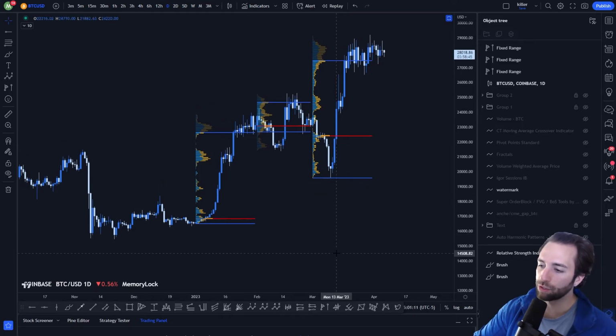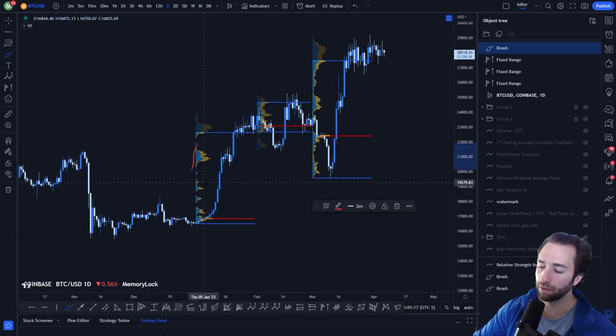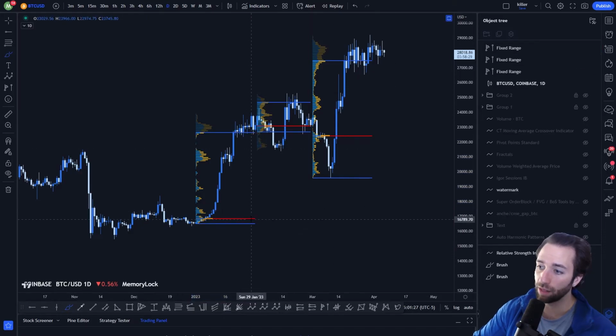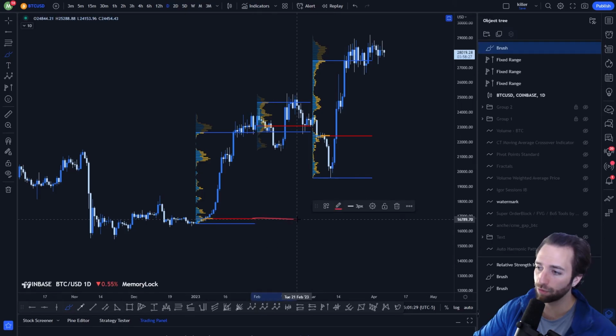After watching, of course, the fixed range volume profile tutorial, you know how this works. Given this time frame, this is the value area for the month of January. Okay? This is the point of control for the month of January, meaning at this price level is where the most amount of volume was traded.